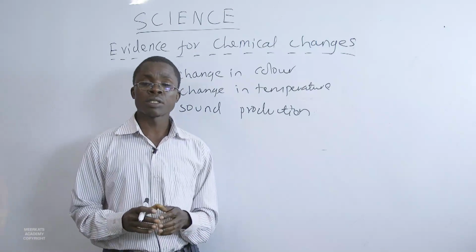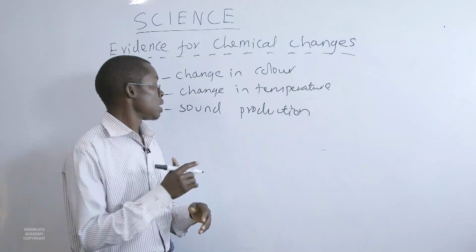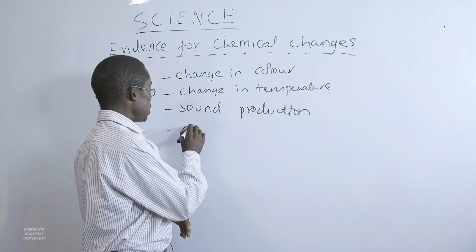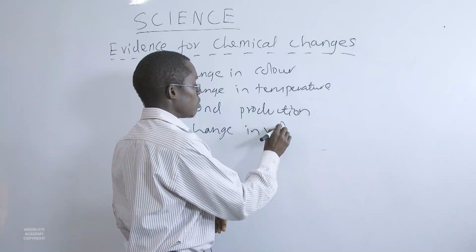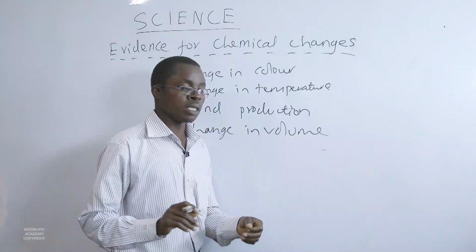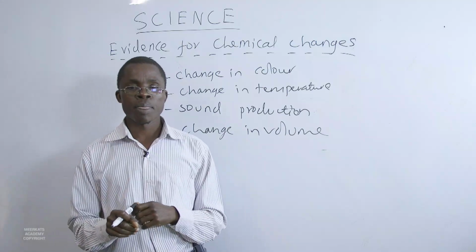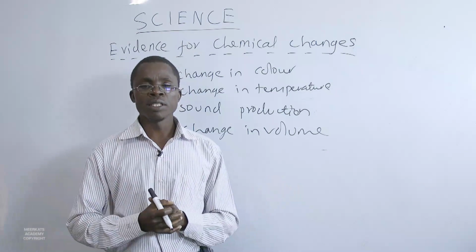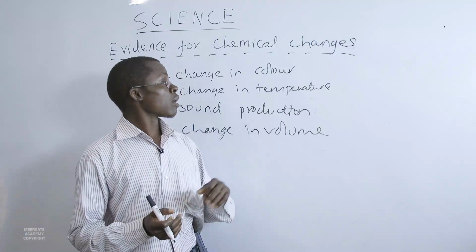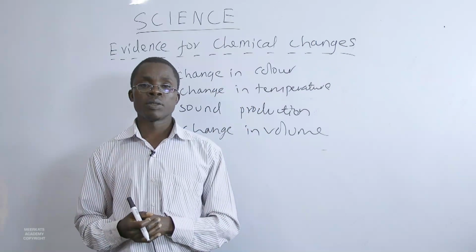Another aspect we can use to show that a reaction has taken place is number 4, change in volume. Here you have 2 or more reagents. You cannot use color change.